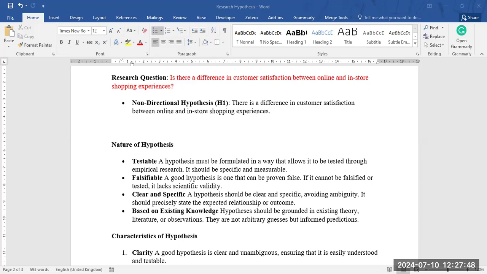So then the researcher can write or formulate the hypothesis. Email marketing will lead to a 20% increase in sales compared to social media marketing over a 3-month period. So in this way, they can formulate the hypothesis. This hypothesis is testable, because they can test it.